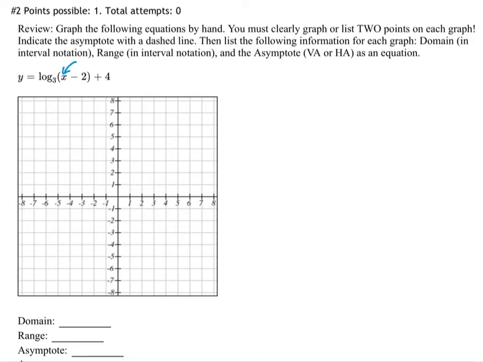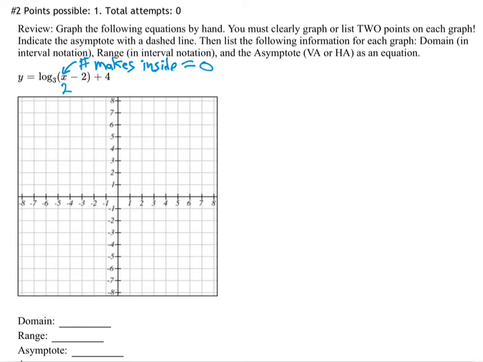The number that makes the inside of a log parenthesis equal 0.